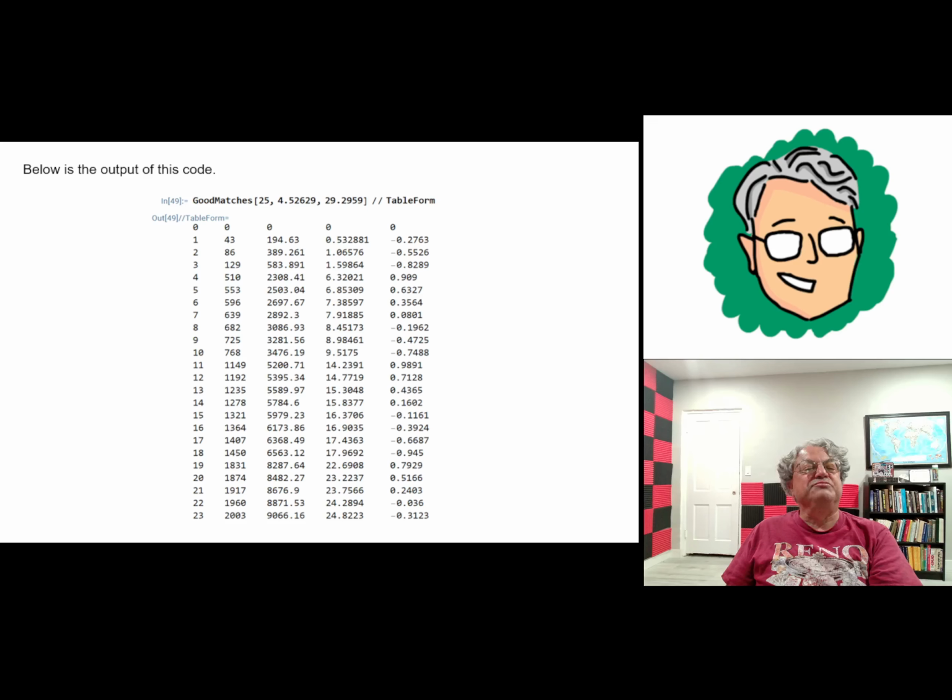I think I just have to explain what all this data is in this table. The first column is just the index. It just increases by 1 each time the compass headings agree, and they're both within 1 degree of geographic north. The second column is the number of multiples of T sub m since we started.